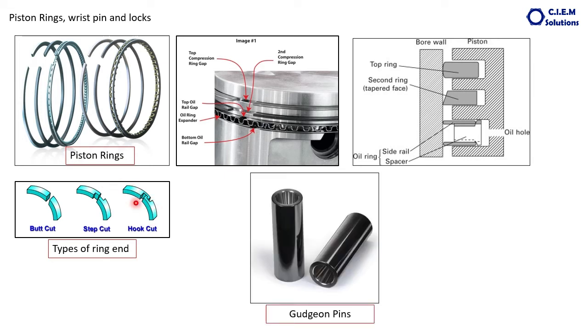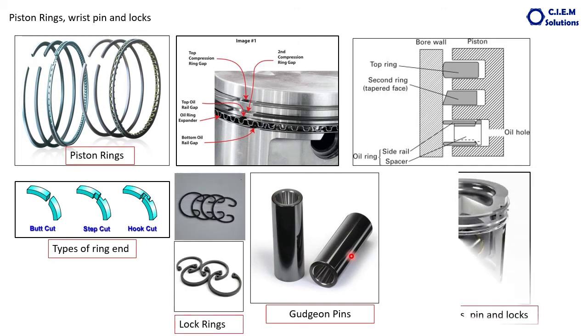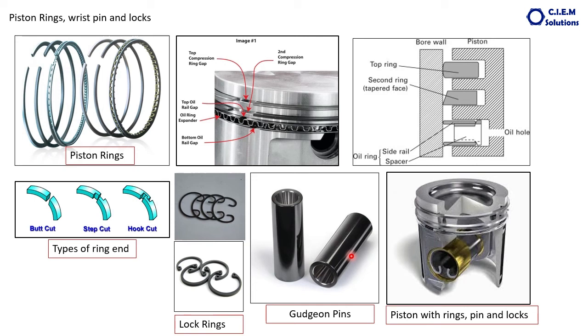Then after the piston body and piston rings, the next is the gudgeon pin. Some call it a gudgeon pin and some call it a wrist pin. There are two types of gudgeon pins available: one is fully floating, the other is semi-floating.